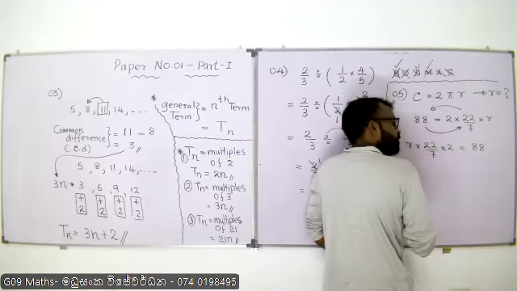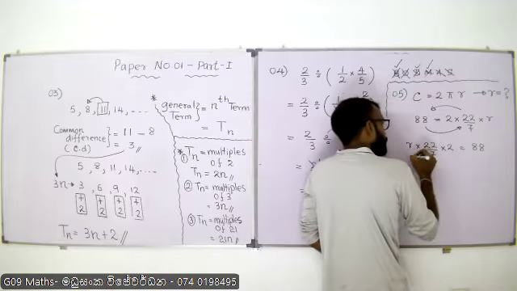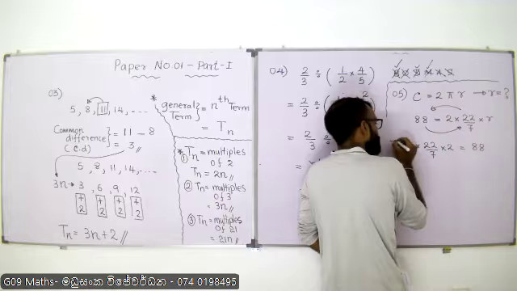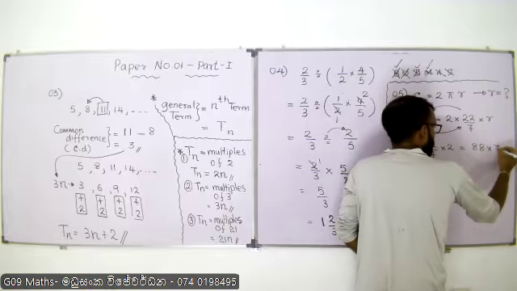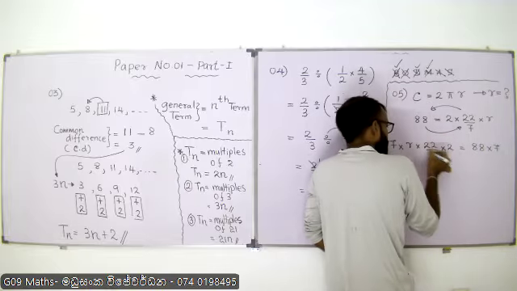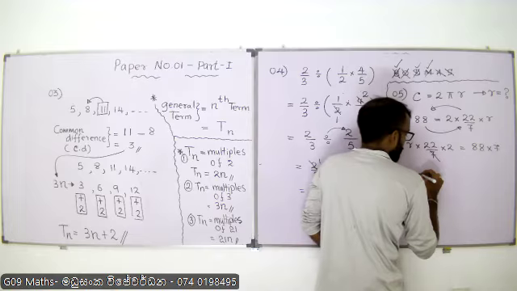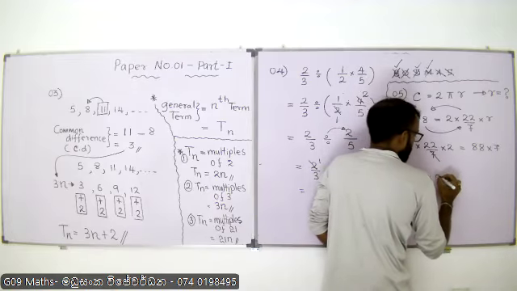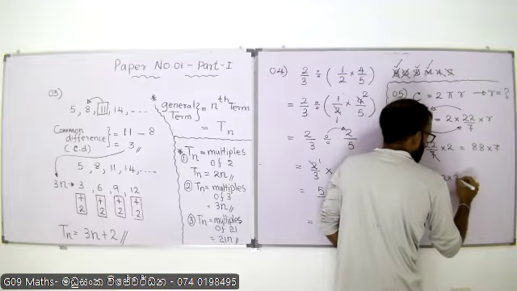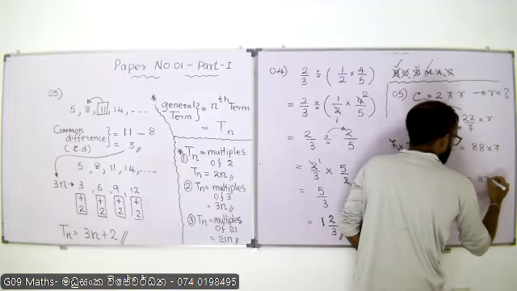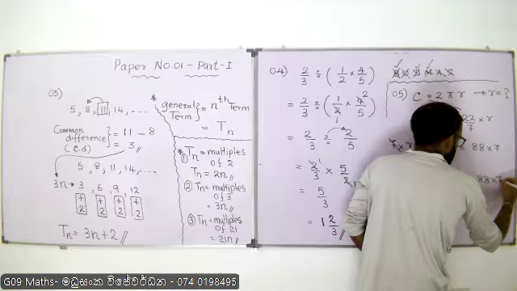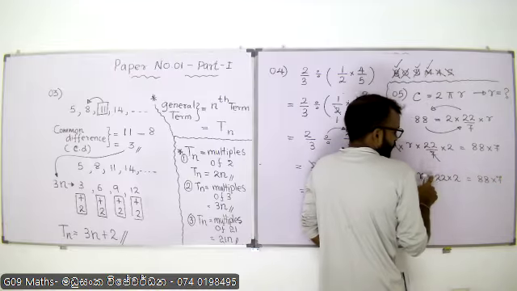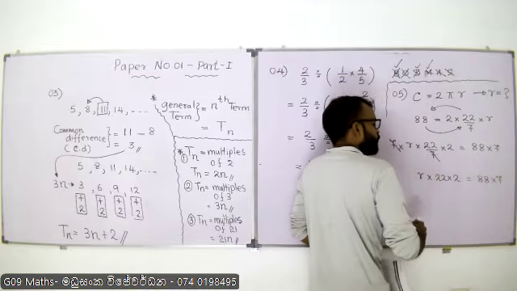First of all, I am going to remove this 7. So I am going to multiply both sides by 7 times 1. Now I have R multiplied by 22 multiplied by 2 is equal to 88 multiplied by 7. Now I am going to remove 22 and 2.